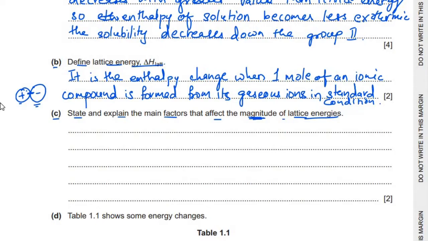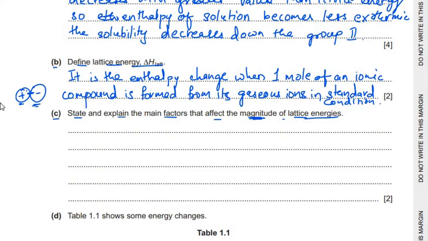But if you talk about the charge, that also affects the magnitude. So if the charge is greater, that is in place of positive and negative 1, if it's positive 2 and negative 2 ions, then obviously the force of attraction is greater. So again, the magnitude depends on these two factors, that is the size of the ions and secondly the charge of the ions.